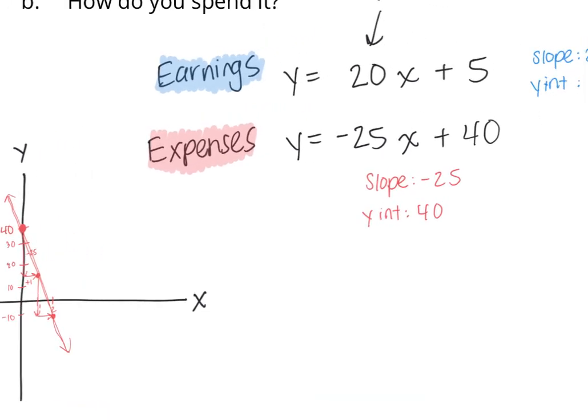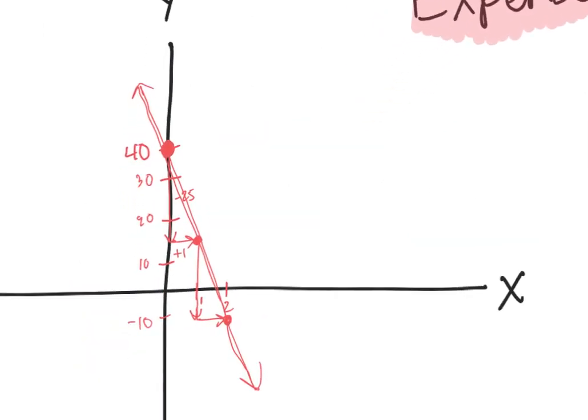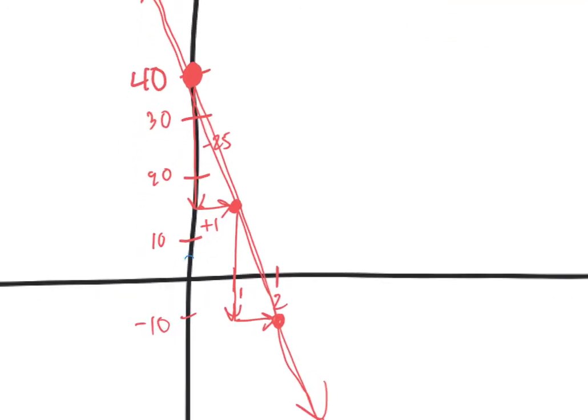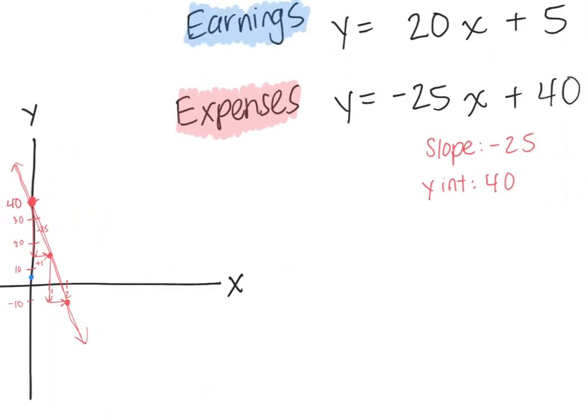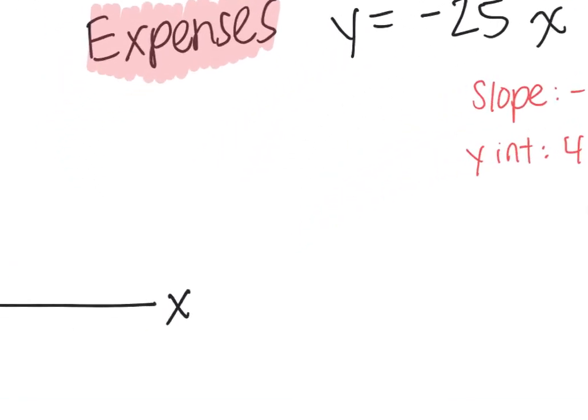So Anderson's graph, the blue one. How am I going to graph it? Someone help me out. Alan. Good, graph it at 5. So my y-intercept is 5. So that's going to be right here between 0 and 10. What do I do after that, Alan? You go up 20. Good, up 20.